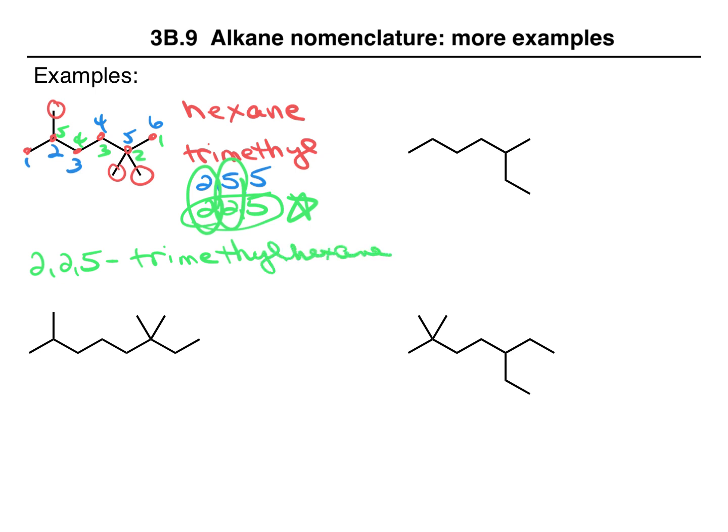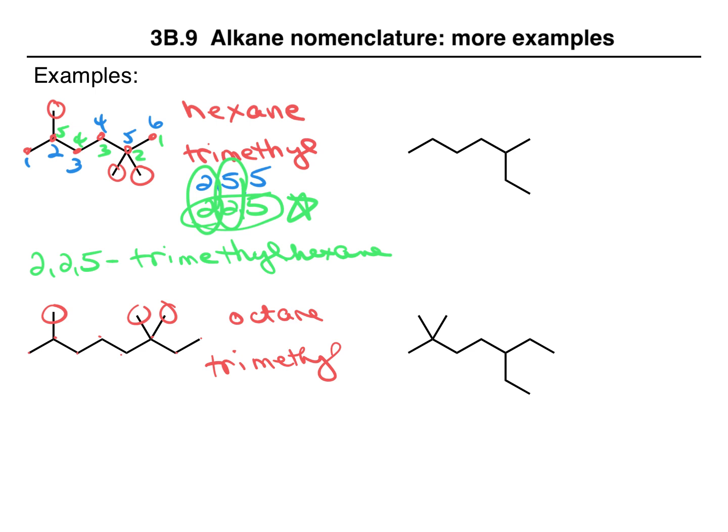If we look at the compound below, we have 1, 2, 3, 4, 5, 6, 7, 8 carbons. So this is octane. So this has the base name octane. And then once again, we have 3 methyl branches. So trimethyl. Now let's do the same thing in terms of numbering.